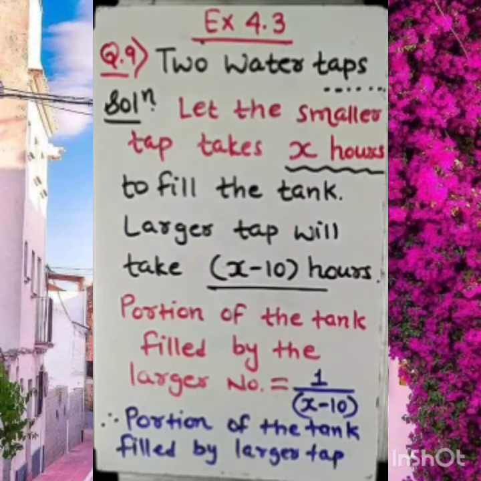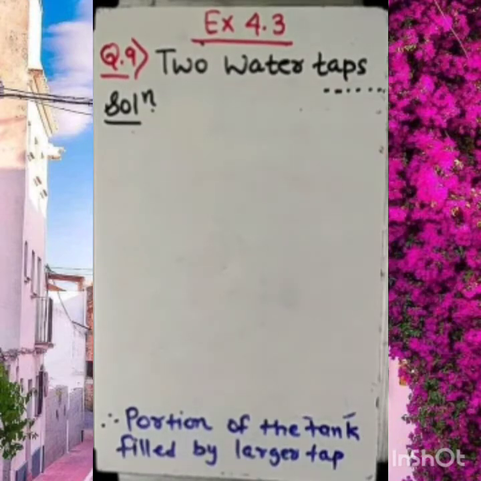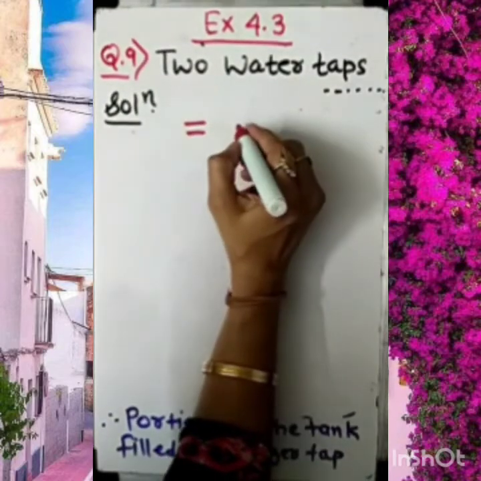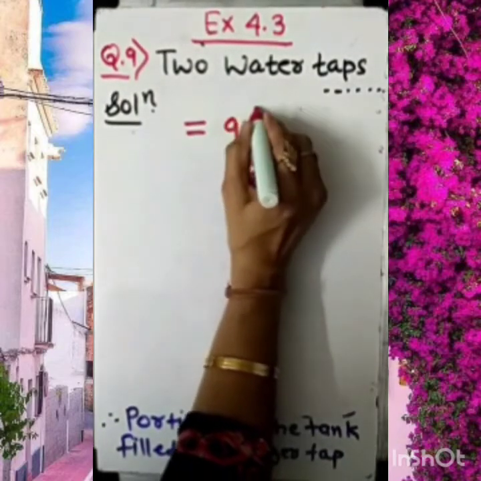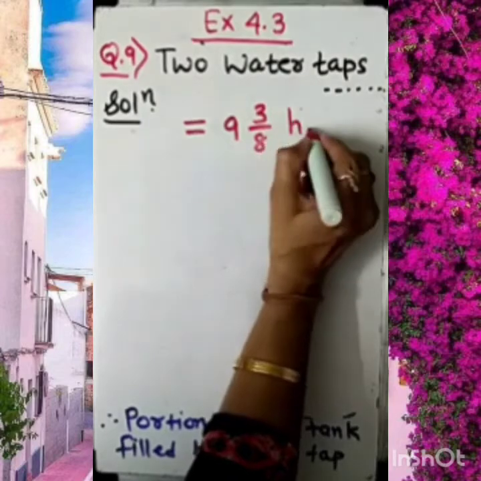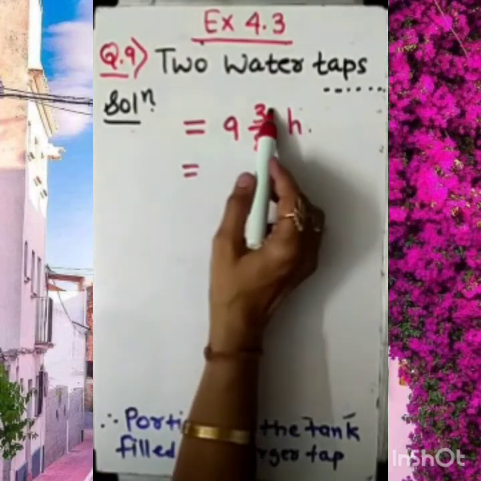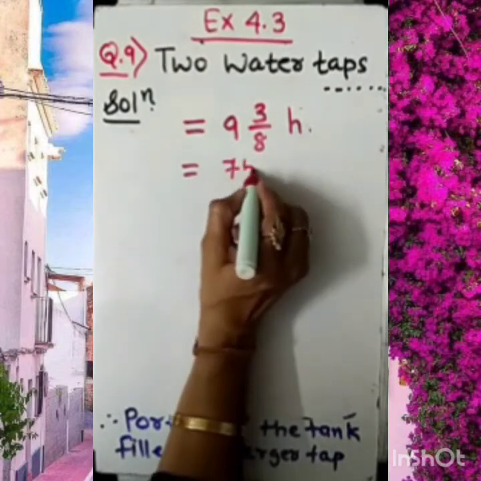That is 9 3 by 8 hours. Okay, so let me note down this. So the portion of the tank filled by larger tape, we are given in mixed fractional form, that is 9 3 by 8 hours. Let's convert them into a normal fraction. 9 8s are 72 plus 3, 75 by 8 hours.